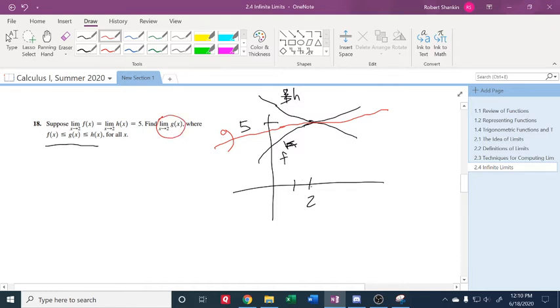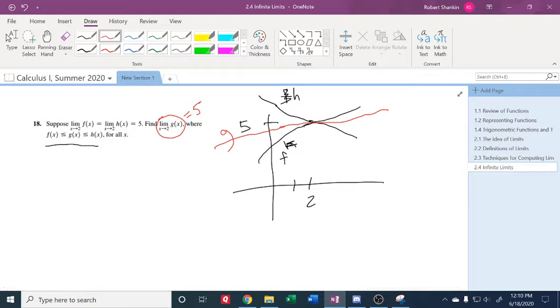Well, as x gets really close to 2, g is squeezed in between f and h, but f and h don't have much room to squeeze between them right there because they're both going to 5. So this thing must also be 5. So if we can visualize this, we can get it.